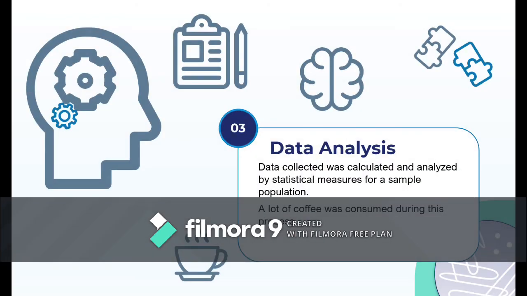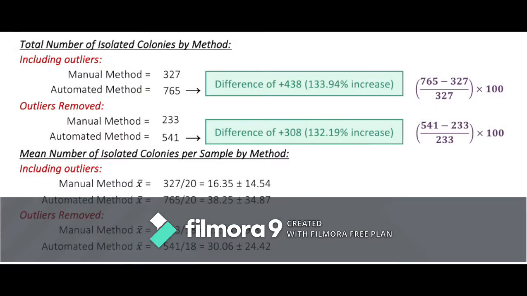I also have the mean number of isolated colonies per sample by method, including outliers and with outliers removed. You can see how the mean difference increased drastically with the automated method: with outliers included it was a 133% increase, and with outliers removed, a 132.19% increase.